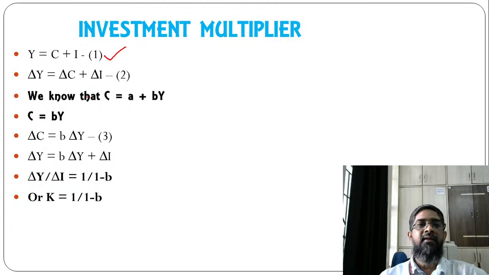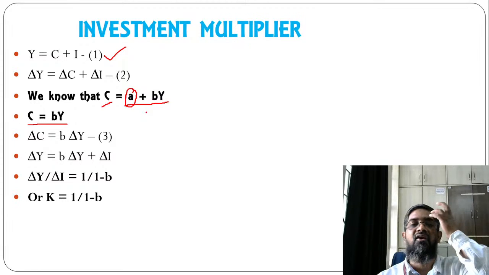Now, moving on, just recall the consumption equation, the simple Keynesian consumption function. That is C is equal to A plus BY, A is autonomous consumption plus BY. So for now let us assume consumption is the function of this much only, C is equal to BY, and there is no autonomous consumption.